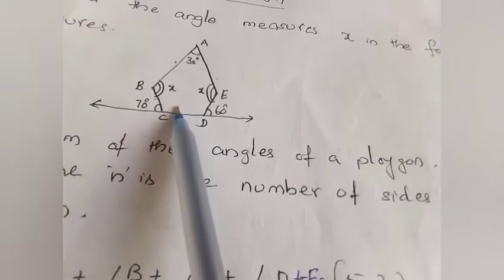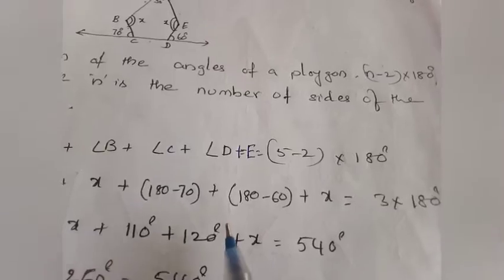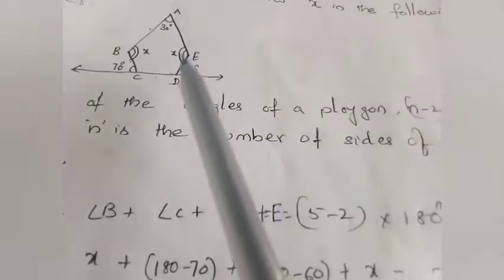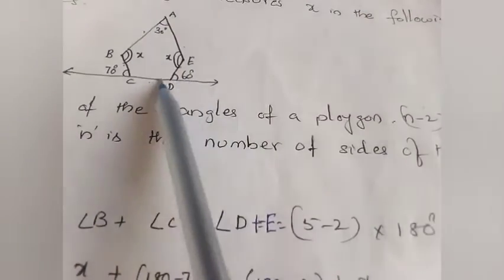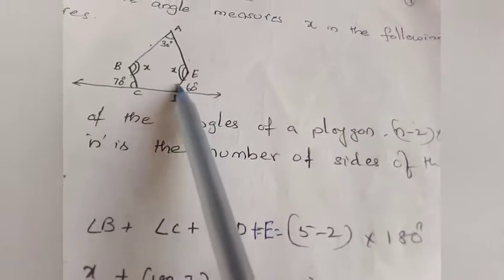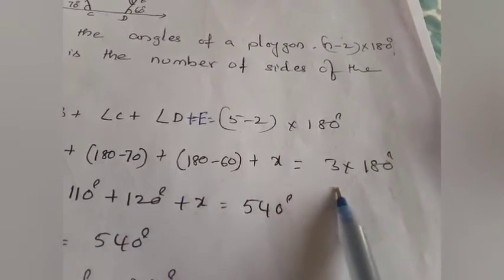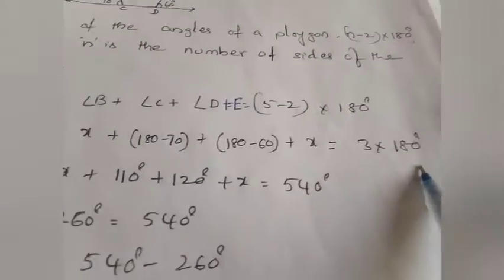The remaining part is equal to 180 minus 70. In the same way for angle D, the angle on a straight line is 180. This part is 60 and this part is 180 minus 60, plus angle E is equal to x. 5 minus 2 is 3, into 180 degrees.